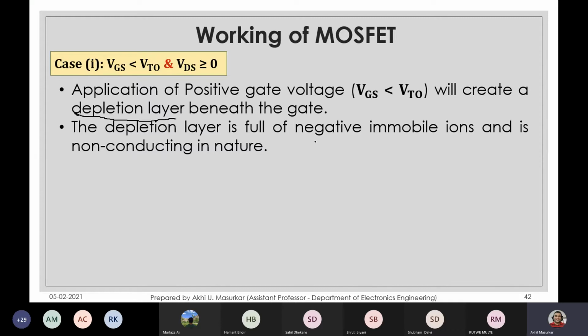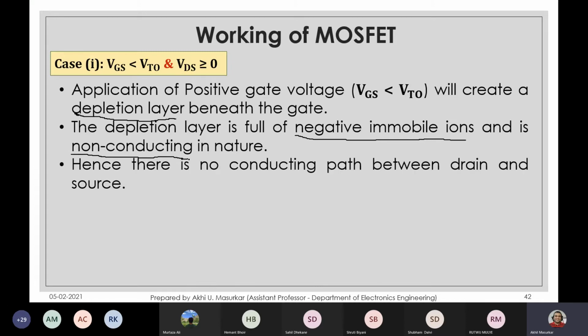It is full of negative immobile ions, and most importantly it is non-conducting in nature. Hence there is no conducting path between drain and source.